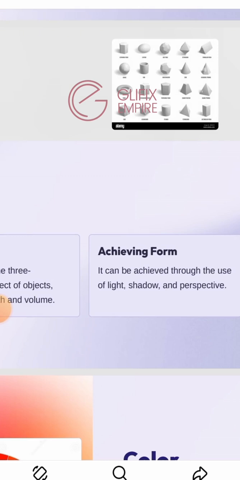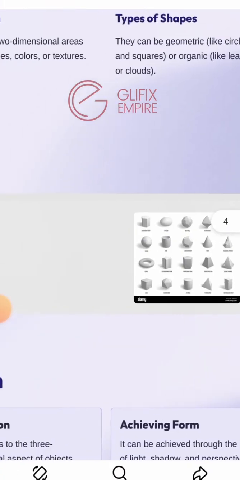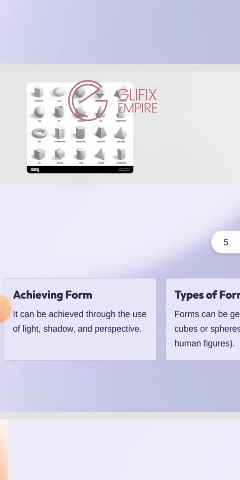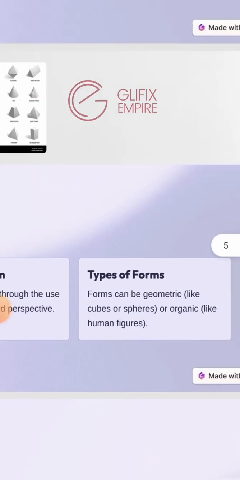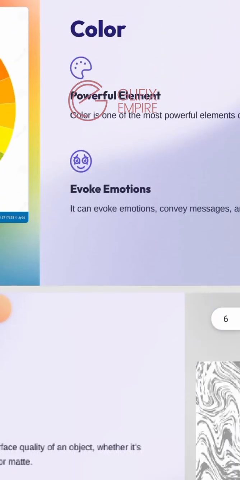Shape is simply a triangle or rectangle. They're just 2-dimensional. I don't know if you get what I'm trying to say. Form is 3-dimensional. Shapes are two-dimensional. You can only see them, you cannot feel their depth, but with form you can feel the depth and see light and shadow. Form can be like a cube, a sphere, or even a human figure.